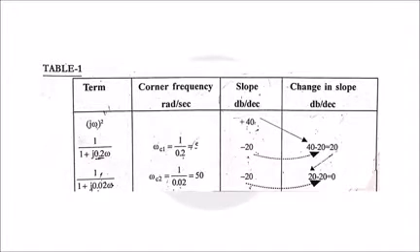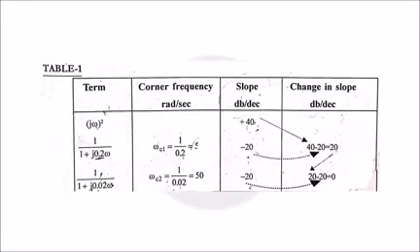So j omega square does not have any corner frequency, because the corner frequency comes from terms of the form 1 plus something or 1 plus something s, but it contributes a slope of 40 dB per decade. Clear? Only j omega or only s contributes 20 dB, so as the power increases, that 20 has to be multiplied with the power. So we get 40 dB per decade first.